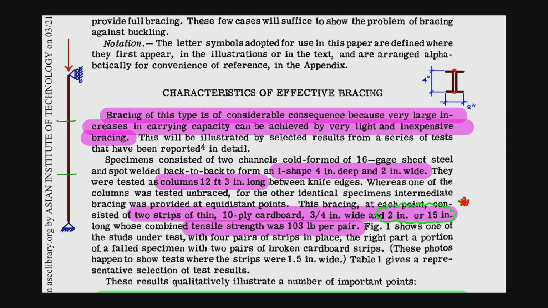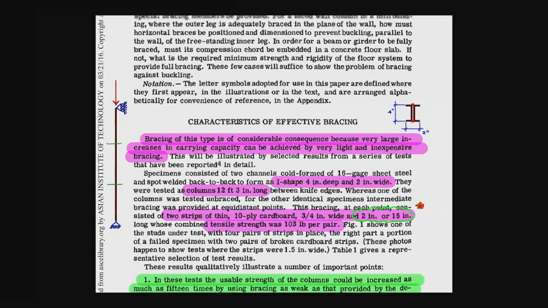So the keyword is the equidistance point. That means this is going to be L like this. So you have the equal distance, equal length that the brace separates the zone into n numbers.